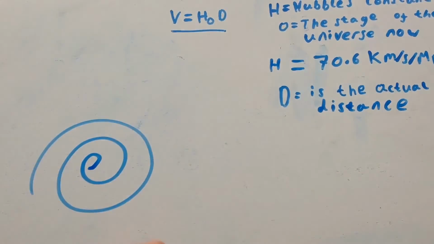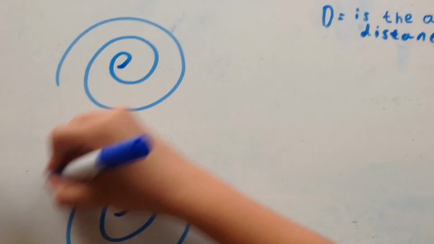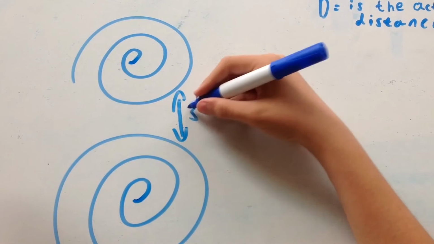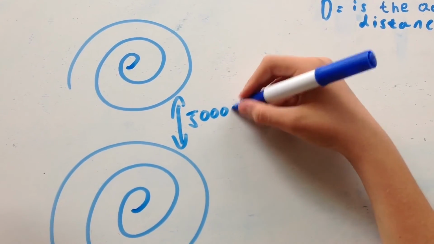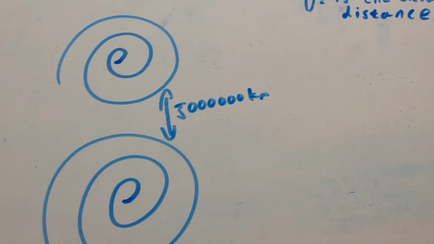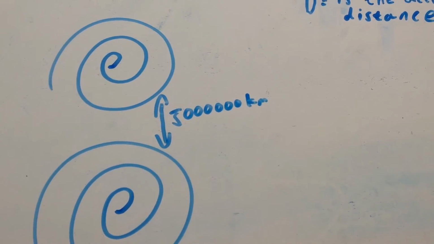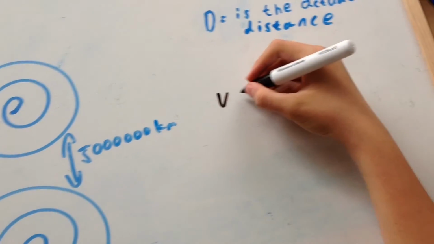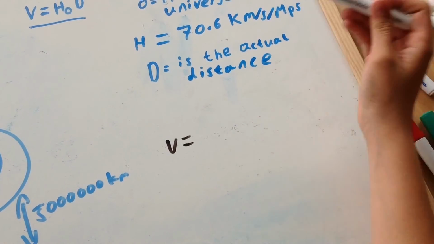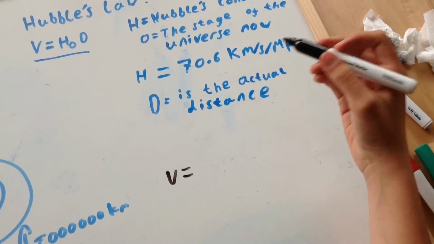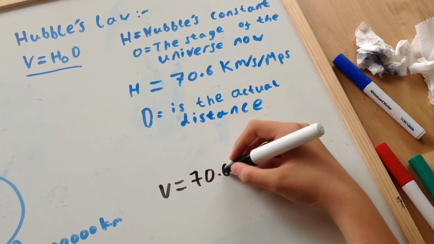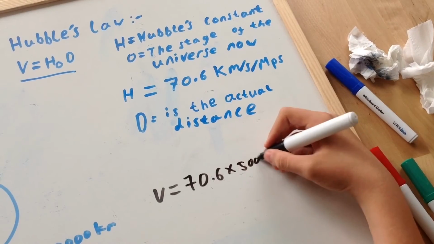There's two galaxies, and between them, let's say there's 5 million kilometers. Let's use Hubble's law, where velocity equals Hubble's constant, which is 70.6 kilometers per second per megaparsec.